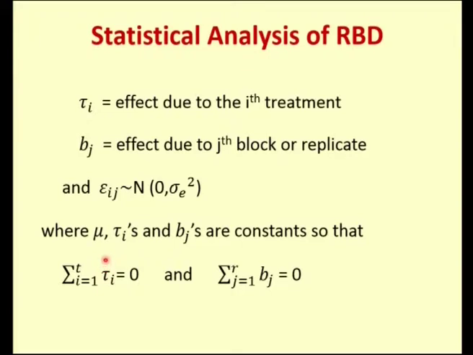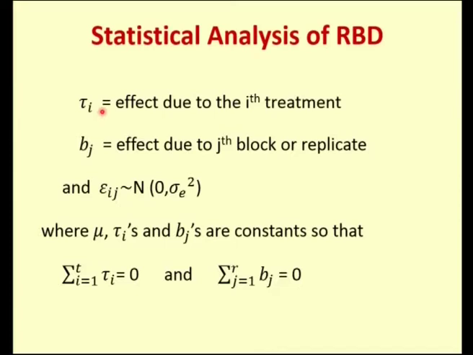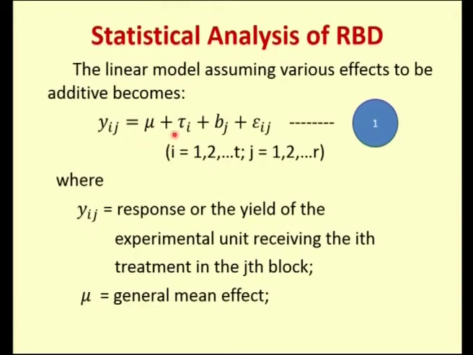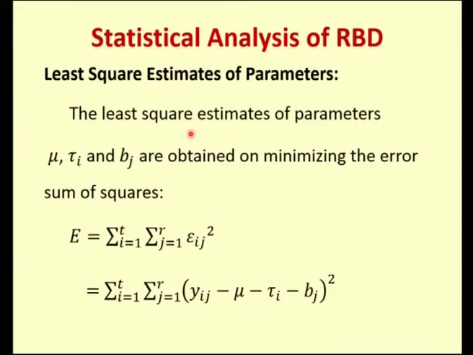The constants mu, tau i's and Bj's are based on the condition that summation tau i is equal to 0 and summation Bj is equal to 0. And now let us estimate the parameters mu, tau i, Bj as least square estimates.